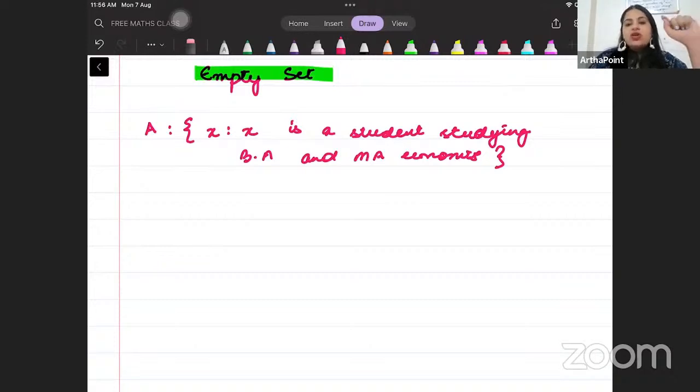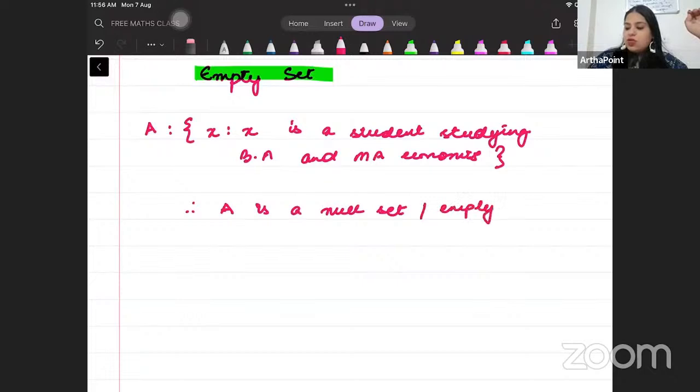So a student cannot simultaneously be doing both BA and MA. Therefore, A is a null set, right? Or an empty set, or a void set. तो null set, empty set, void set तीनों का मतलब एक ही है. Any set which does not contain any element is called this.